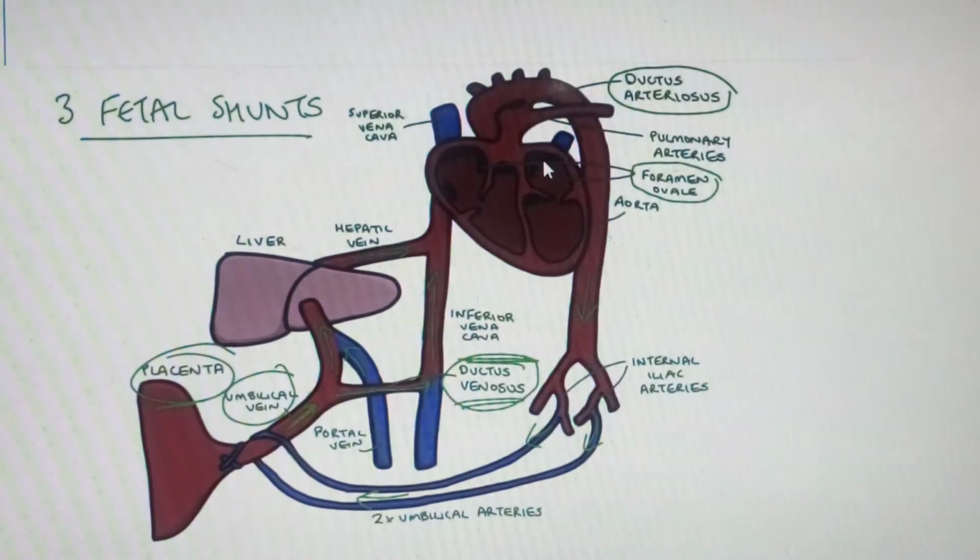Once it gets into the left atrium, that blood will get into the left ventricle, and it is pumped into the aorta. Then it supplies the head and neck areas, especially the brain, and of course it also supplies other parts of the body except the lungs.